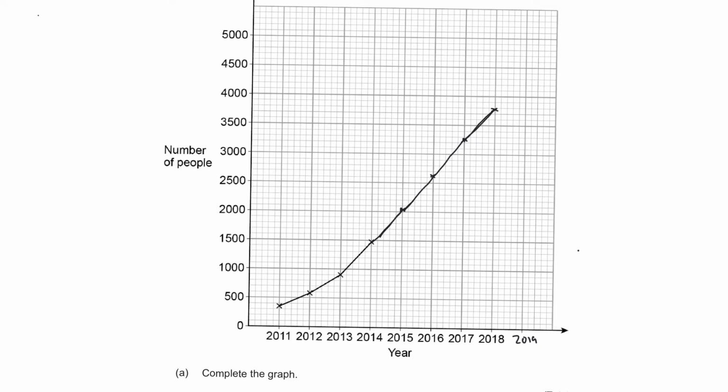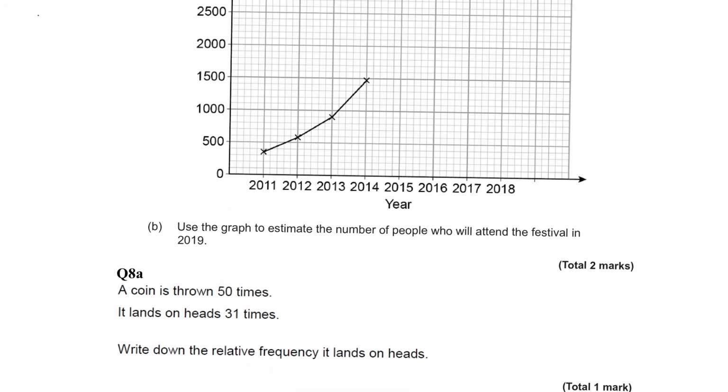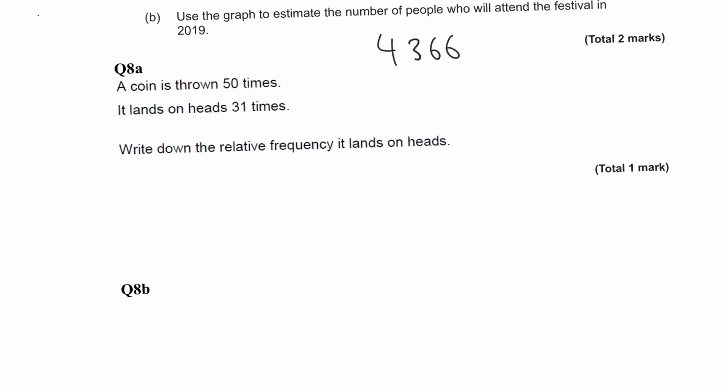Okay, so 4,365. That's about 4,300, so the 65 would be just slightly halfway above that. Based on the common trends, because remember you're estimating, estimates are not accurate, I'd say in about 2019, 4,365 people attended.